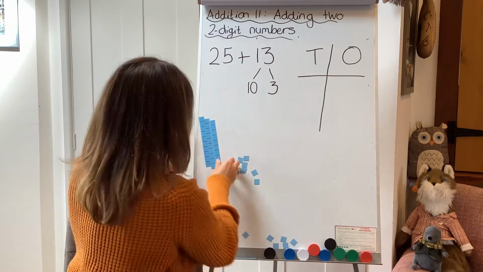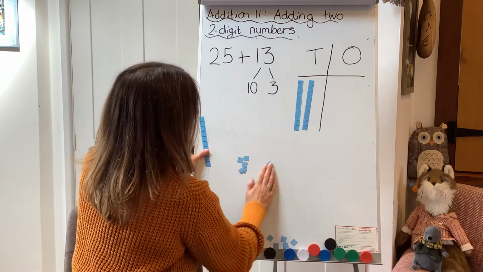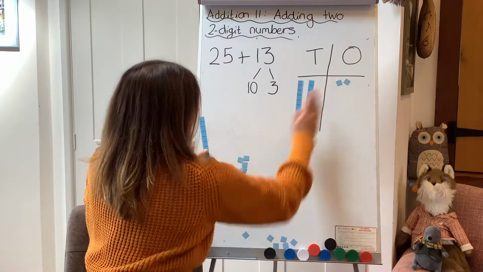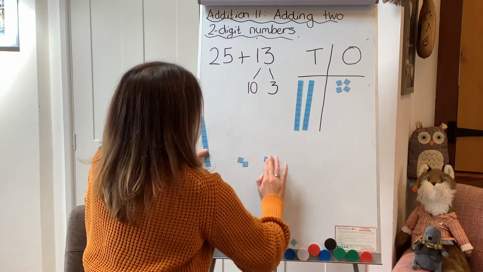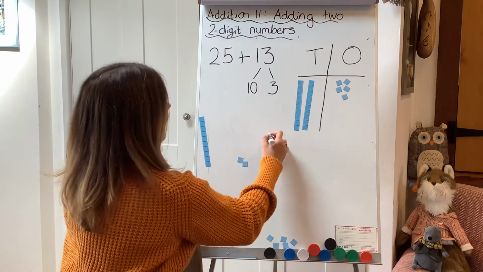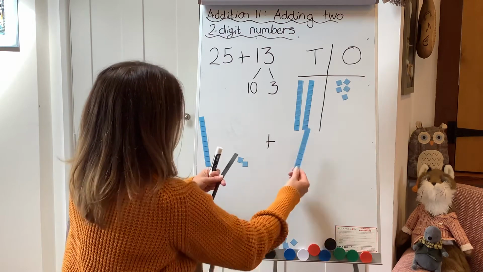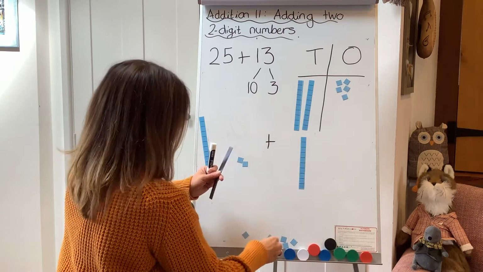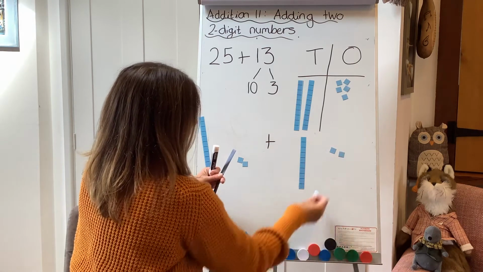So I've got 25 made up of 2 10s and 5 1s. And I'm going to add to it 13. So I've got 13 is made up of 1 10 and 3 1s.